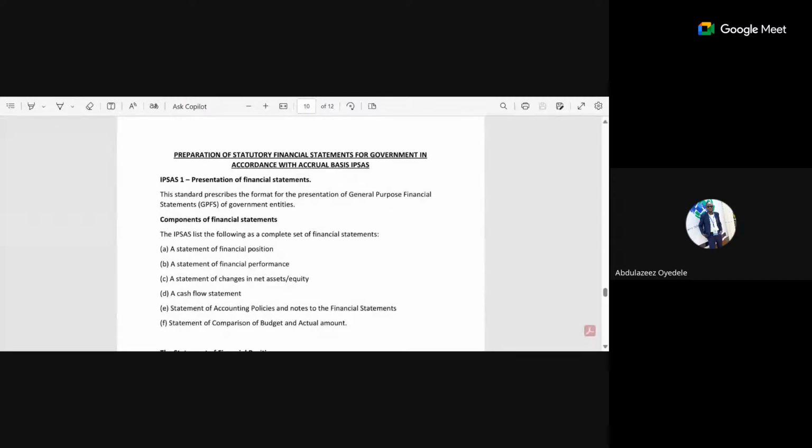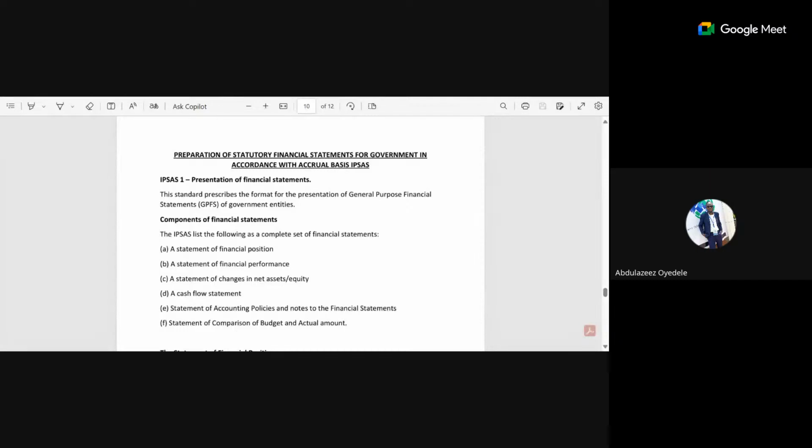Remember we said accrual basis. What accrual basis means is that in recognizing and measuring transactions, the entity will recognize their revenue and expenditures when they are earned or when they are incurred, and not necessarily when payment is involved. That is what accrual basis is.